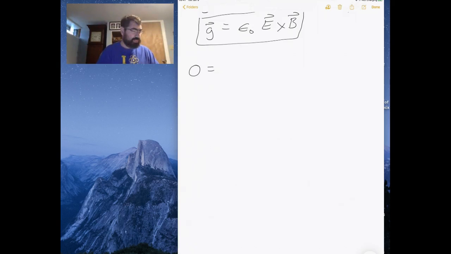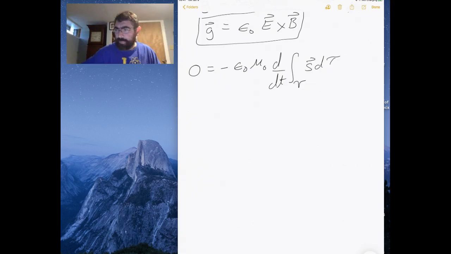And I can write down now that minus epsilon naught mu naught, the time derivative of this volume integral, plus the integral of the closed surface area, like so.